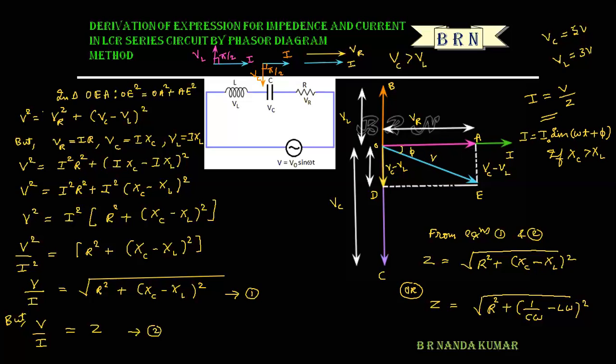If XL is more than XC, then the instantaneous current is I equal to I naught sine of omega t minus phi, and the current lags behind the voltage by angle phi radian. So this is the alternate method.